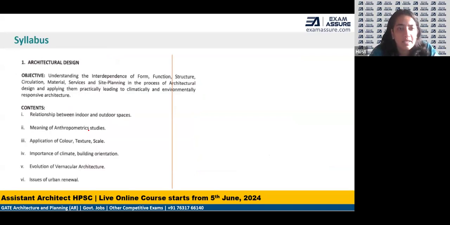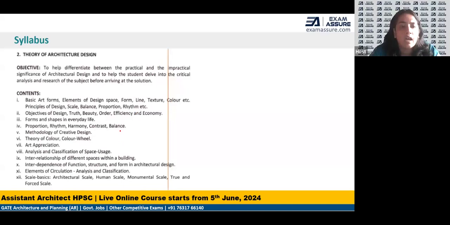So for architectural design, to be more specific, what they expect from you is knowledge about site planning, site outdoor spaces, anthropometry, application of color, texture, etc. Along with that, in theory of architecture, principles of design: your scale, balance, proportion, rhythm, texture, color, form, shapes, harmony, contrast, etc. Your color, interrelationship of different spaces in a building, circulation, your architectural scales, basics of scales. All of these basics are expected to be known.